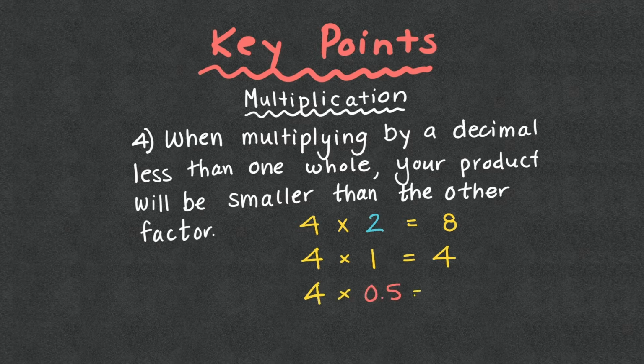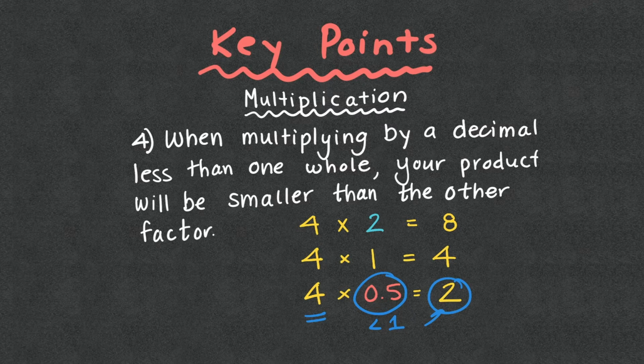You can put that into a calculator. That's going to give us the answer 2. We are so used to multiplication making numbers larger, but that's not always the case. In fact, it changes when we get to decimals. Because 0.5 is less than 1 whole, it will cause this number to be smaller than what we started with.